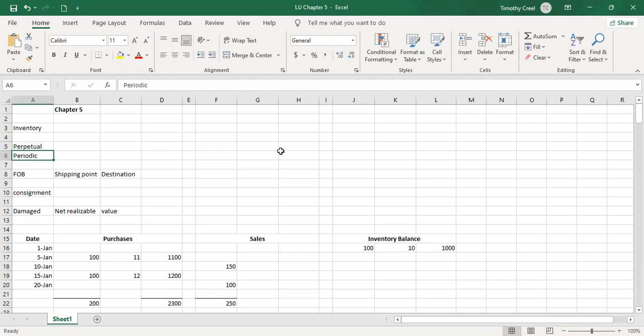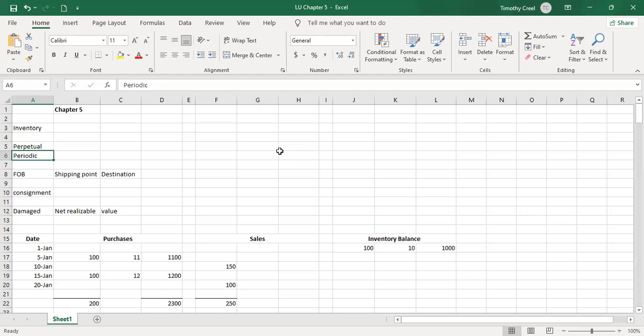Now, a periodic system would be an inventory system that is a little more old school. Basically, if a company uses this, they would put everything they got in during the period to purchases. They would have a beginning inventory and then their purchases. They would have to count inventory at the end of the period to determine how much they've sold and to determine what their cost of goods sold was for the month.